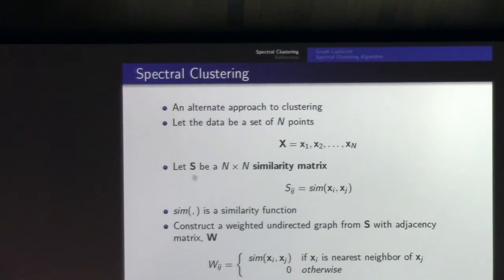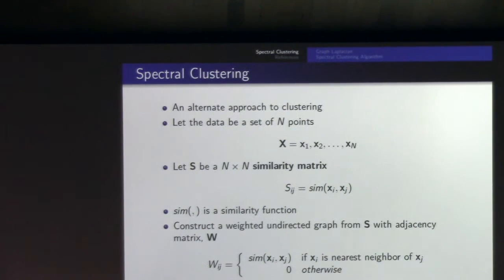So here, sort of mathematically or algorithmically, this is how you do it. So you have some data x, which has n data points. You create a similarity matrix, which is n cross n, in which each entry is essentially the similarity between those two objects, right? Now this could be similarity or distance, whatever, right? And then from that, you construct a graph, right? So I'm hoping you're familiar with graphs. So every graph has two things.